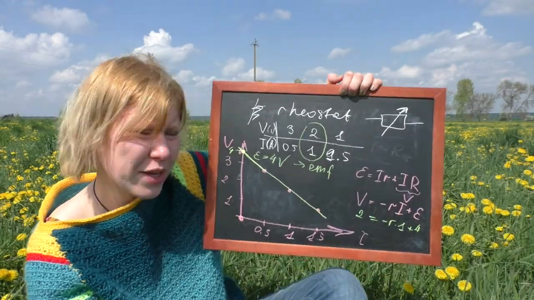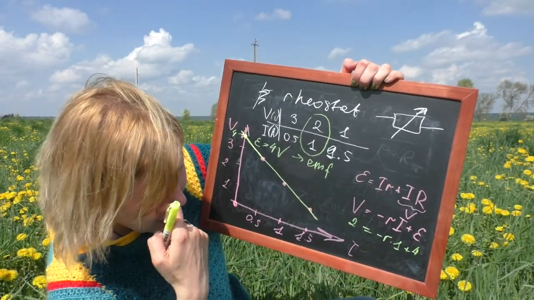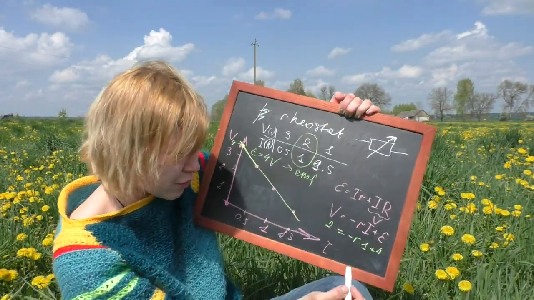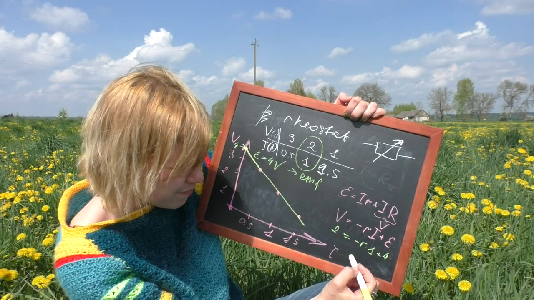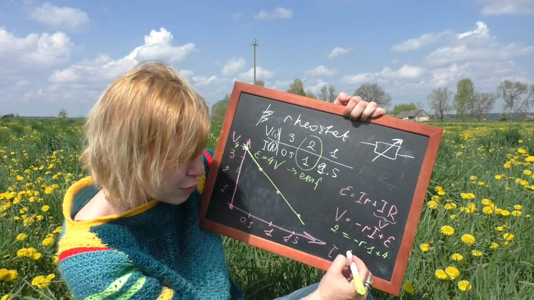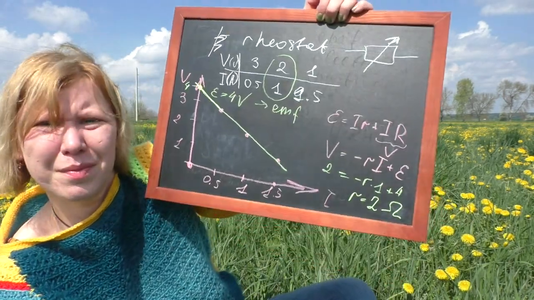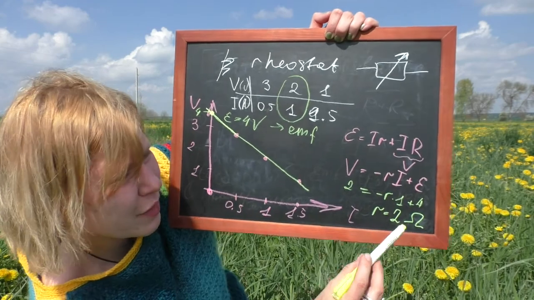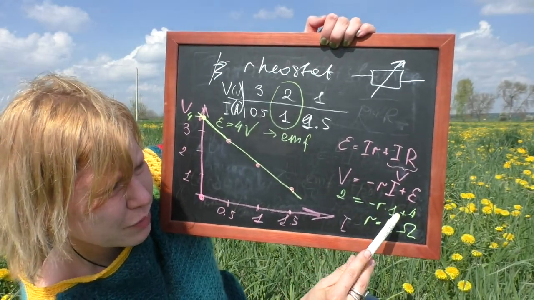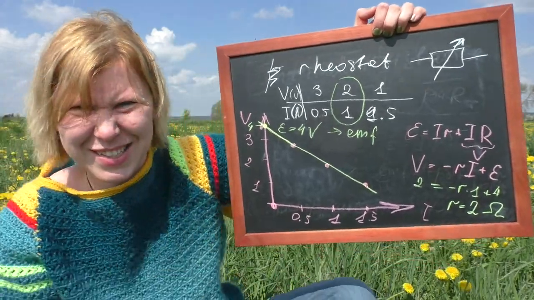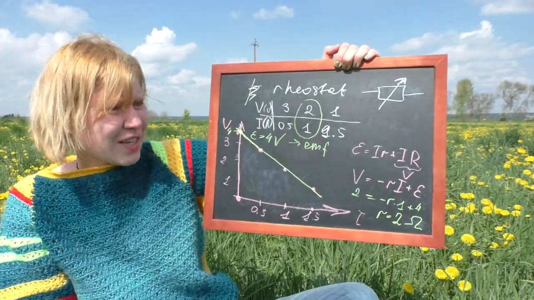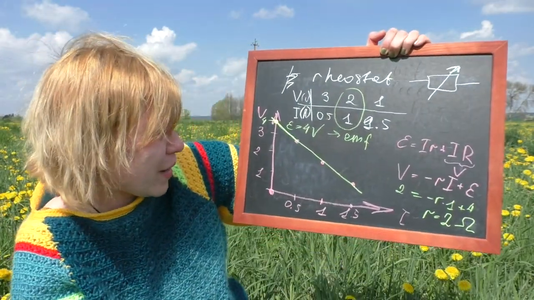And from this equation we can find r small, and it should be 2 ohm. So if it's 2, we multiply 2, 4 minus 2 is 2. That's very nice.